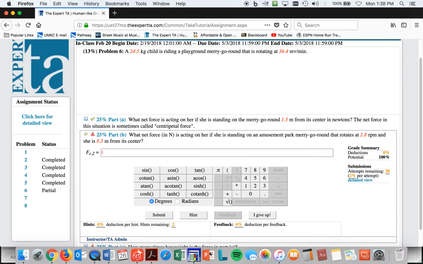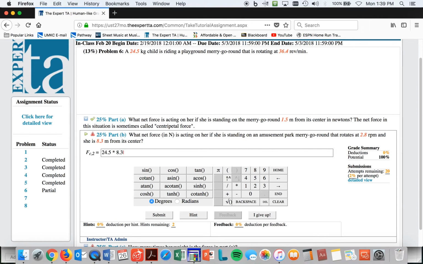She's still 24.5 kilograms times, now we've got this big radius, 8.3. So this is like she's on a bigger ride, a nice big merry-go-round.